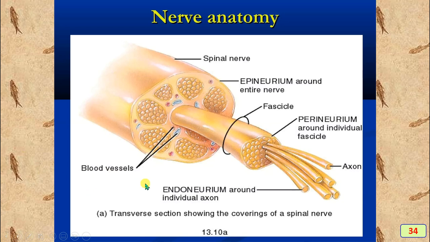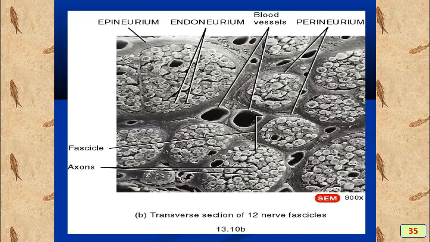This is the transverse section showing the covering of the spinal nerve. The structure of a nerve is almost very similar, except for certain smaller variations between the somatic nerves and the autonomic nerves.